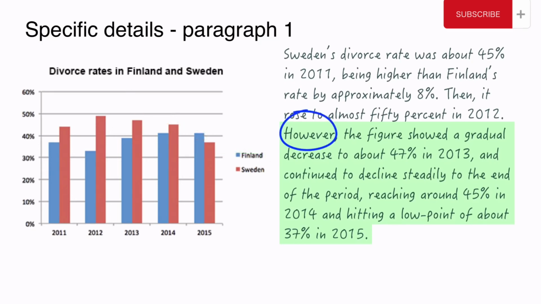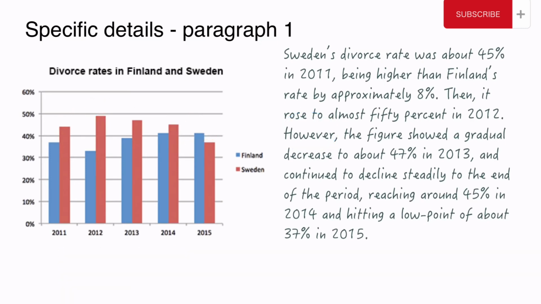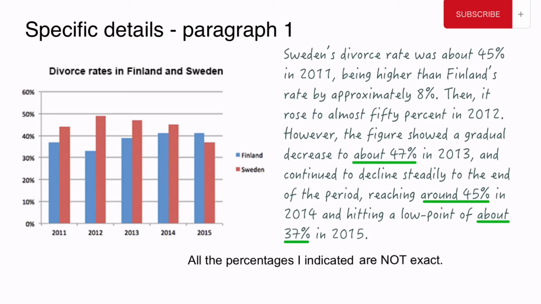The linking word however is used to emphasize that Sweden's rate changed in opposite direction from increasing to decreasing. Also, you can see that all the percentages I indicated are not exact, so I used words around and about.